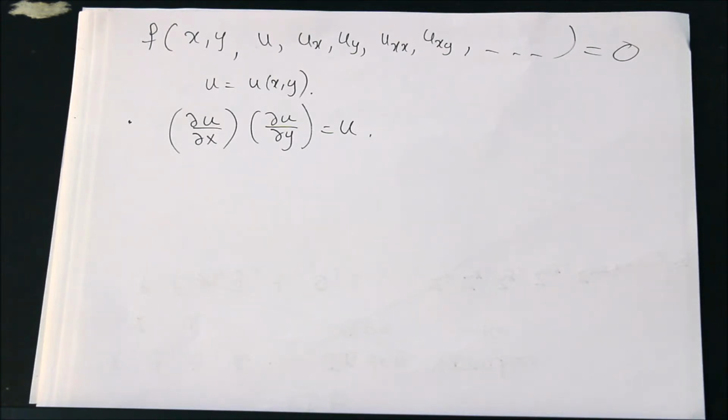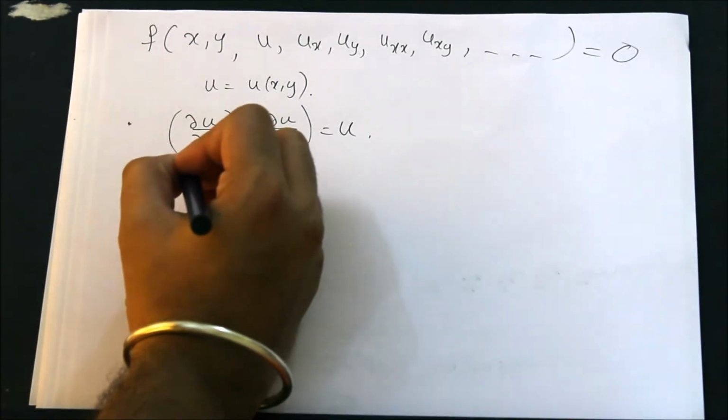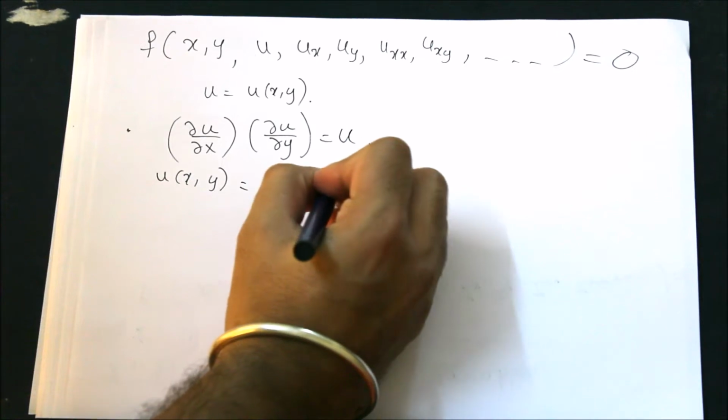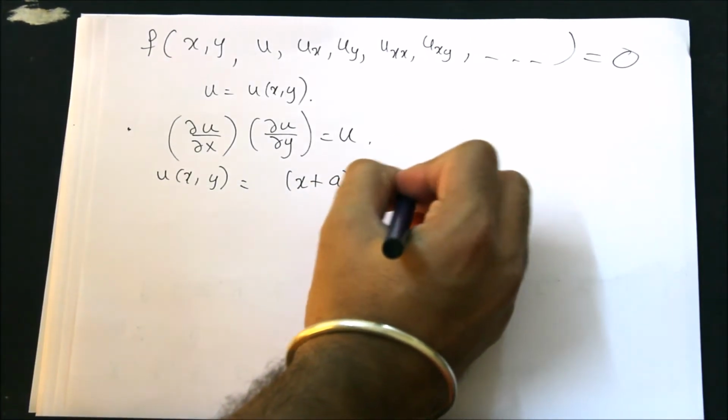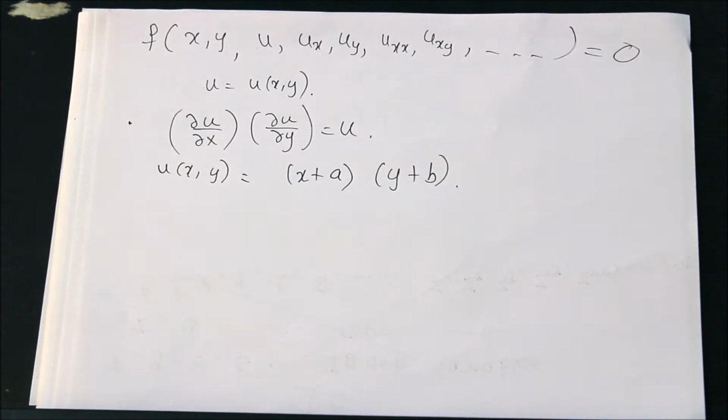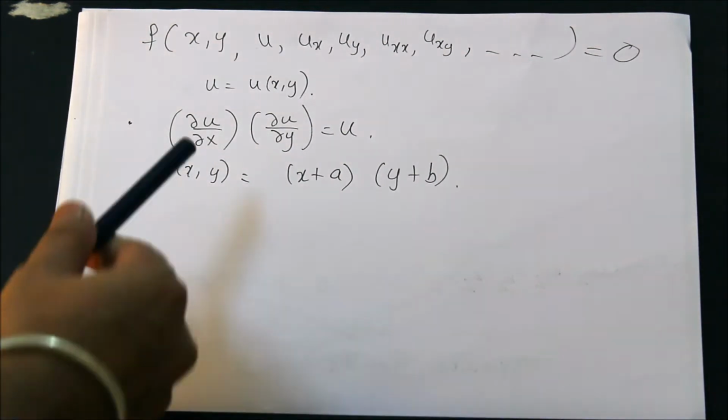One can see that if I take u of x, y to be (x plus a) into (y plus b), where a and b are constants, then u is a solution of this.